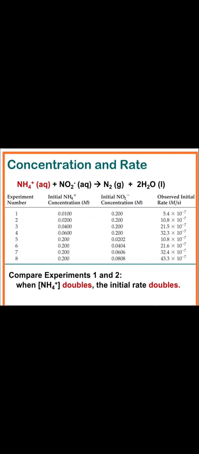Let us only focus on set 1 and 2, that is experiment number 1 and 2, where the concentration of NO2 minus is constant and that of ammonium ion, NH4 plus, is double. म्हणजे NH4 प्लसचं कॉन्सन्ट्रेशन डबल केलेलं आहे, NO2चं कॉन्सन्ट्रेशन कॉन्स्टंट ठेवलेलं आहे. रेट हा 2 टाइमनं वाढलेला आहे.